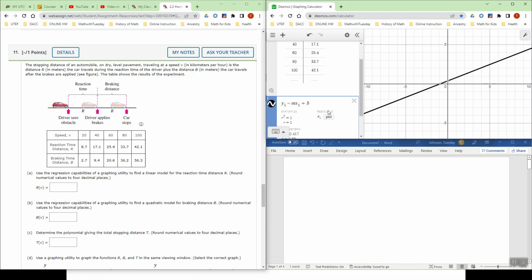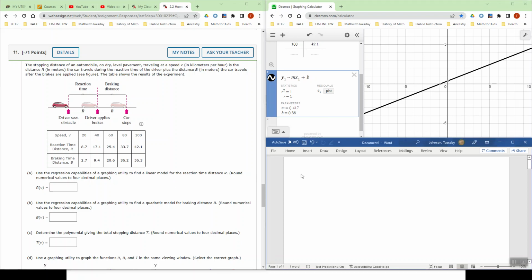We want a linear equation, so mx1 plus b. What this will do for us is give us an equation of the form y equals mx plus b, a linear equation, and it tells us what our m value and our b value are. So let's write that down. We have R of V is 0.417 V plus 0.38.